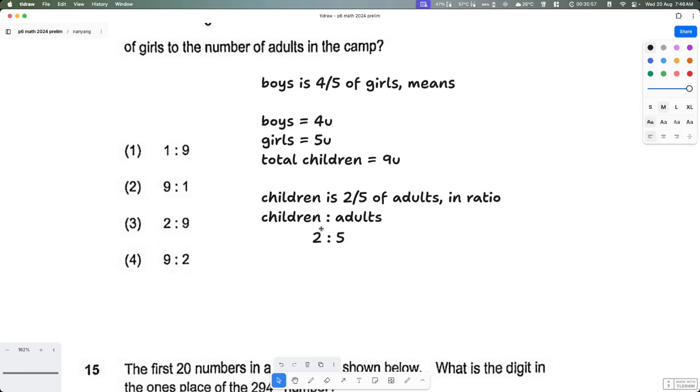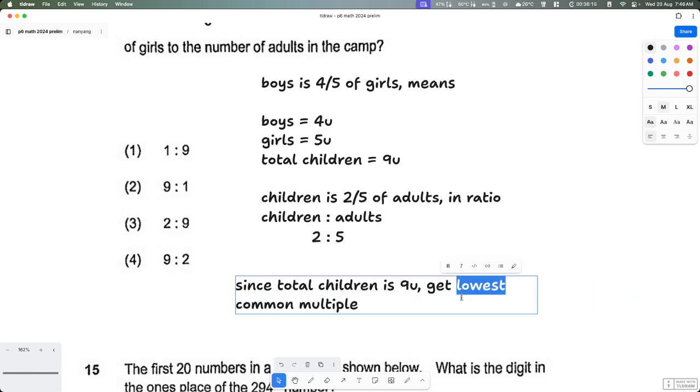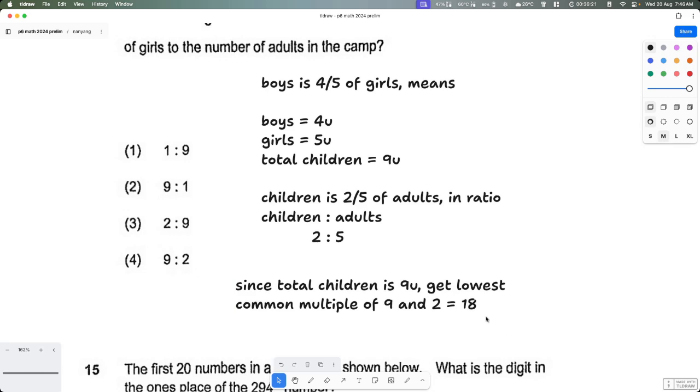Okay, since total children is 9 units, get the lowest common multiple of 9 and 2, which is 18.